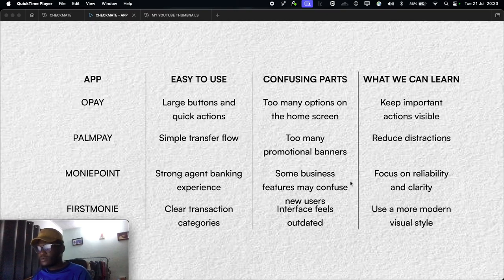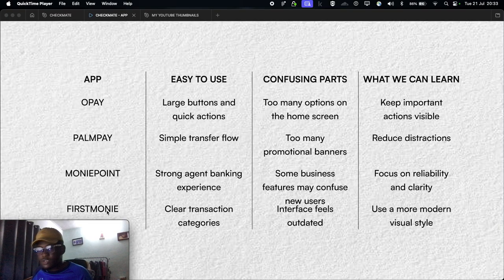Maybe the grammar or the copy they are using is too big, too ambiguous, not as simple as what a normal user would understand. What are we going to do? We're going to focus on reliability and clarity. So make it as simple as possible in our own product, right?